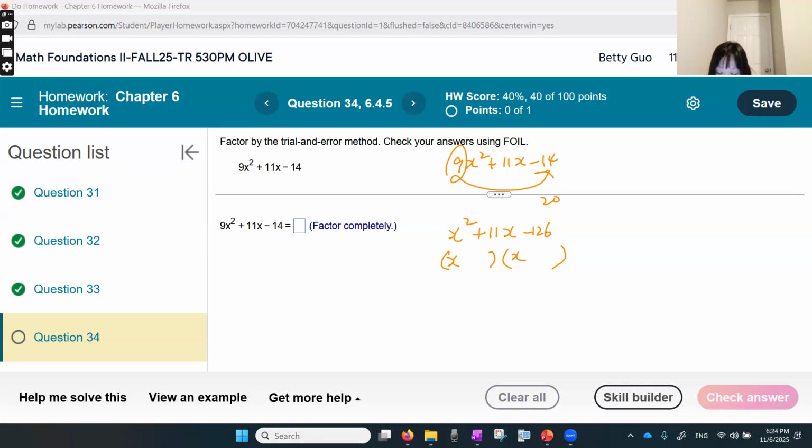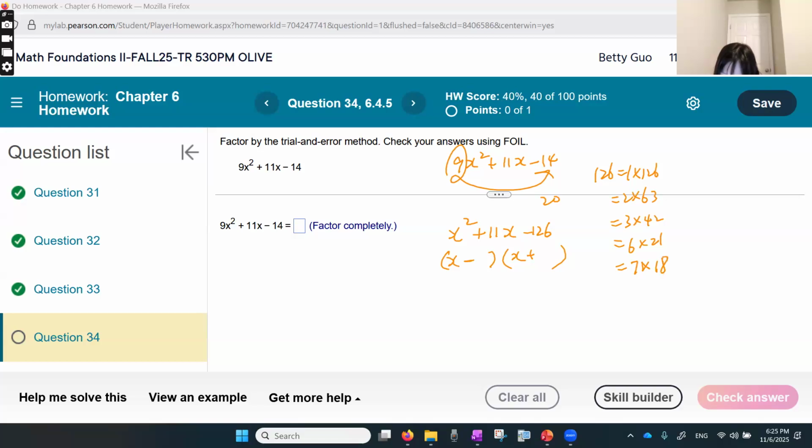So one positive, one negative, right? And the positive number has the bigger absolute value. 1 times 126, 2 times 63, 3 times 42, 4 doesn't work, 5 doesn't work, 6 times 21. 7 doesn't, 7, okay. 7 times what? 18.